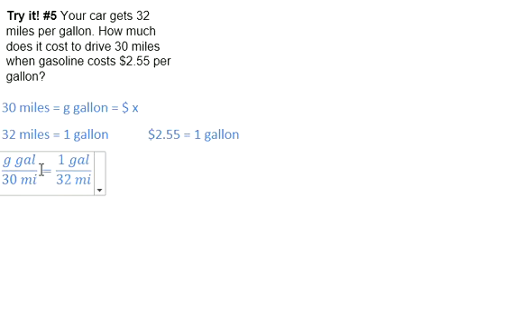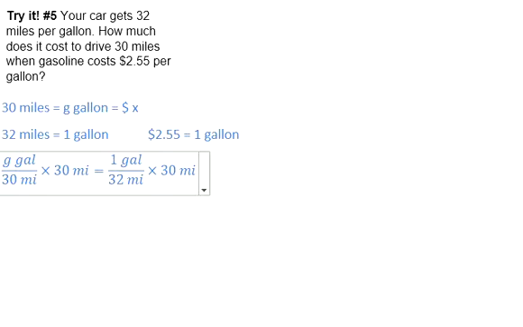Okay, so getting rid of my denominator here, multiply both sides by 30 miles. So the 30 miles cancels out on both sides over here. So I'm left with just G gallons on the left side.